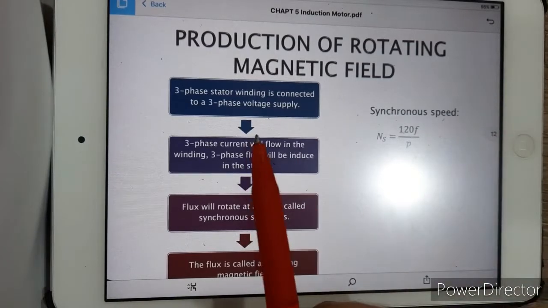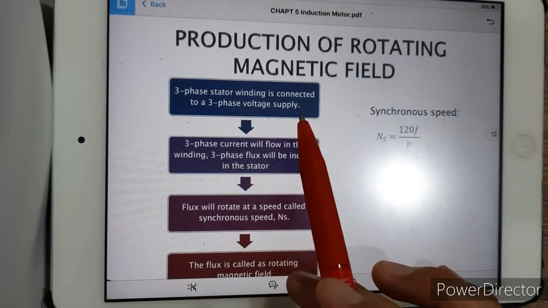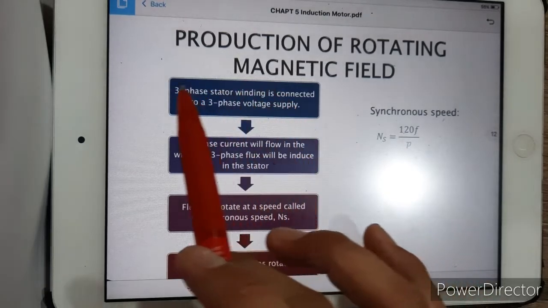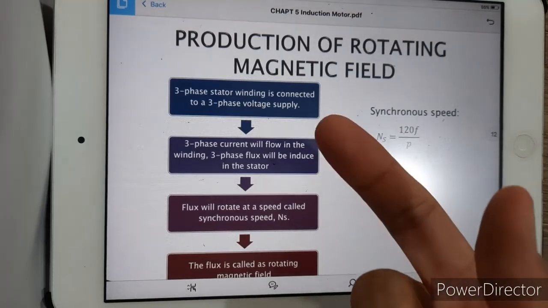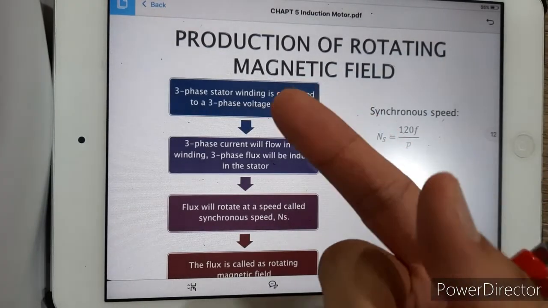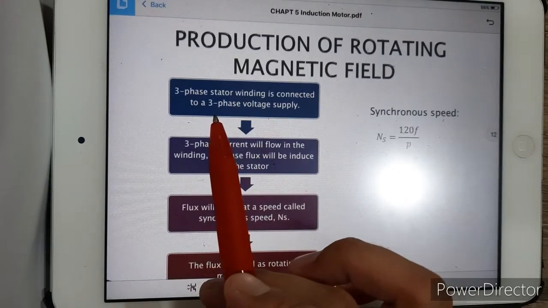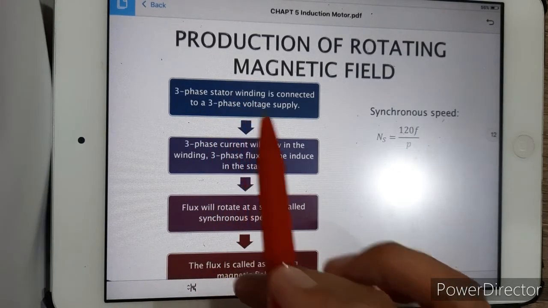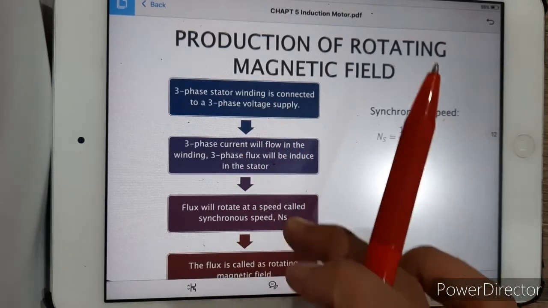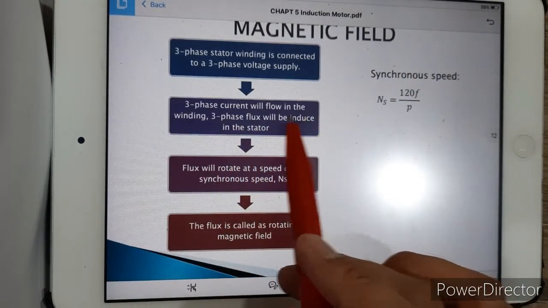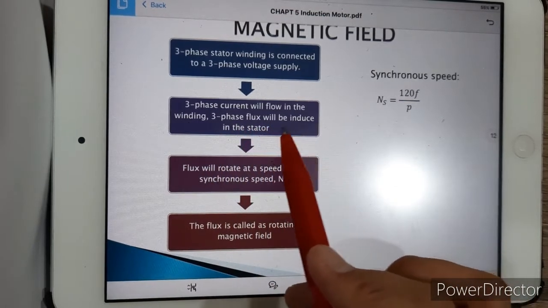The three-phase stator winding is connected to a three-phase voltage supply. Remember, in a motor we have two parts, stator and rotor, and on the stator we have the winding. When we connect the three-phase voltage supply to the stator winding, three-phase current will flow in the winding, and then three-phase flux will be induced in the rotor.